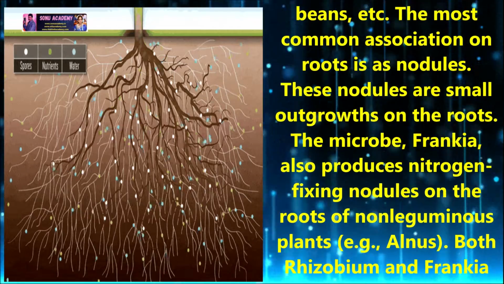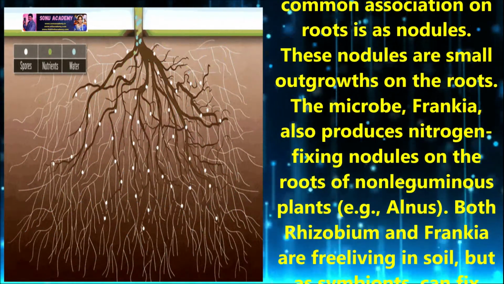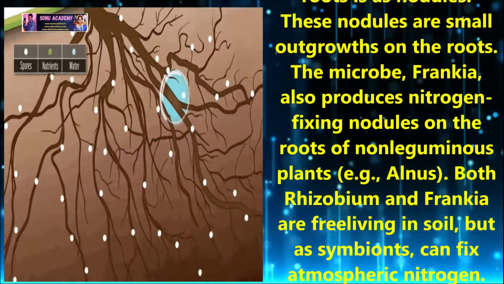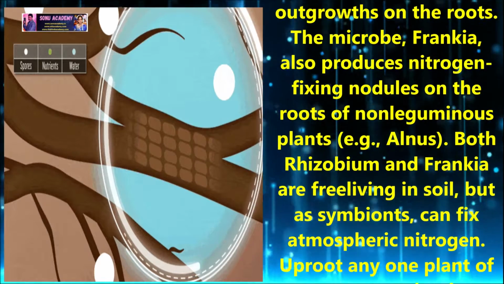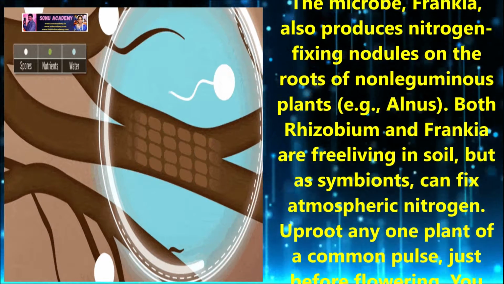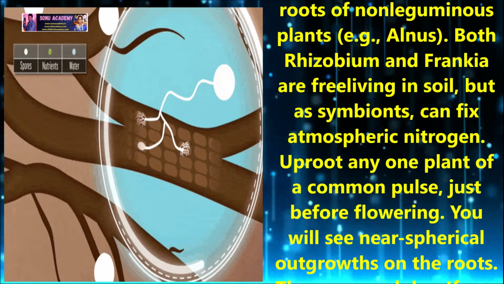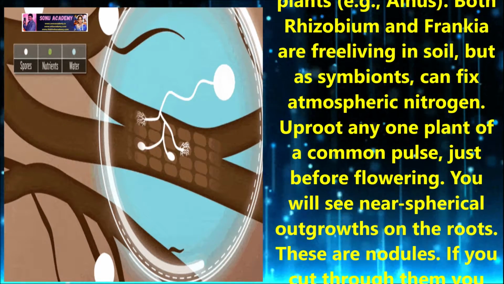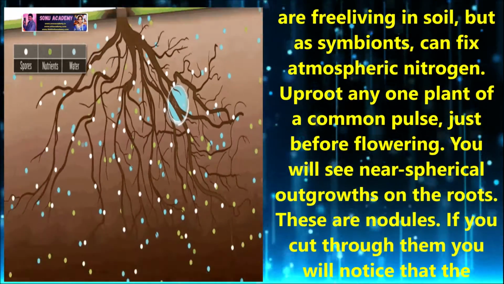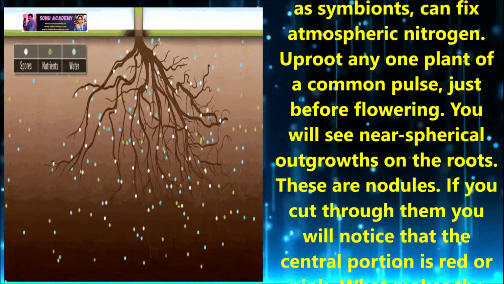The nodules are small growths on the roots. The microbe Frankia also produces nitrogen fixing nodules on the roots of non-leguminous plants. Both Rhizobium and Frankia are free living in the soil but as symbionts can fix atmospheric nitrogen.